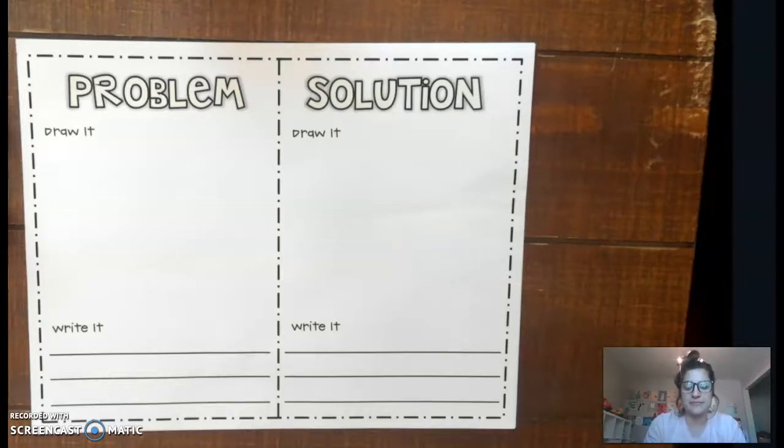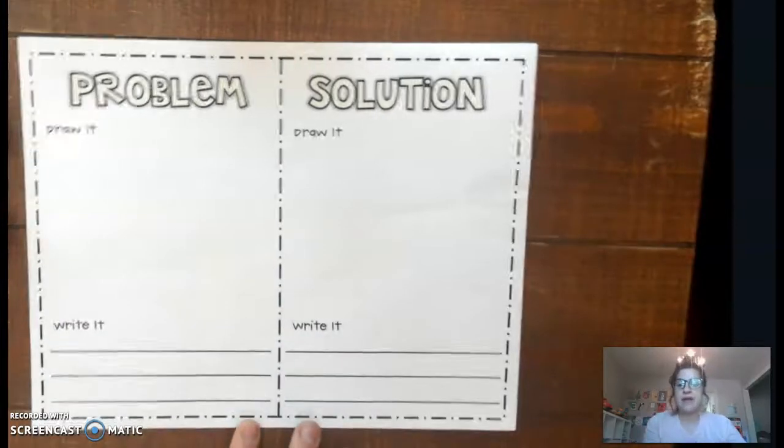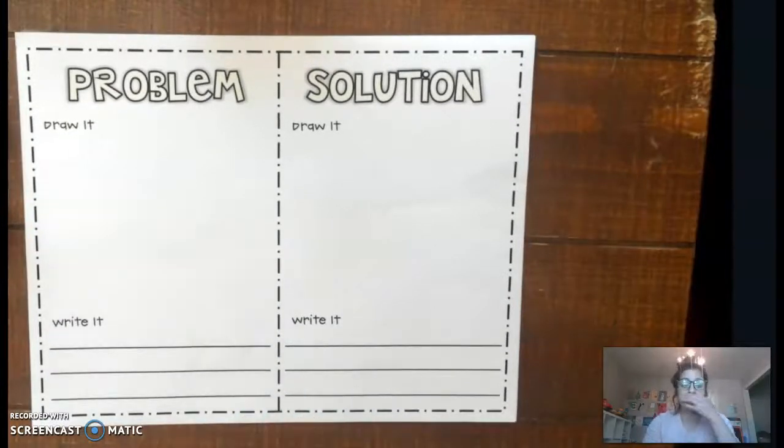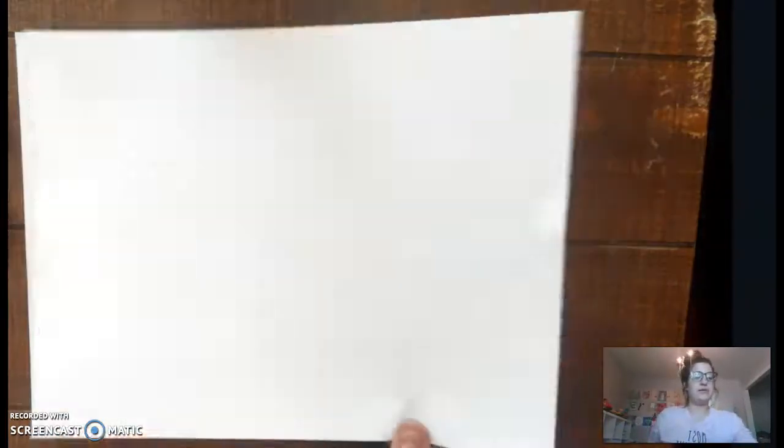So here we have what is provided for you on the weekly sheet with the lesson plans, with the videos for the lessons of the week. You can either print this. If you don't have a printer, you can just take a blank piece of paper and make your own. You can just make a T-chart.